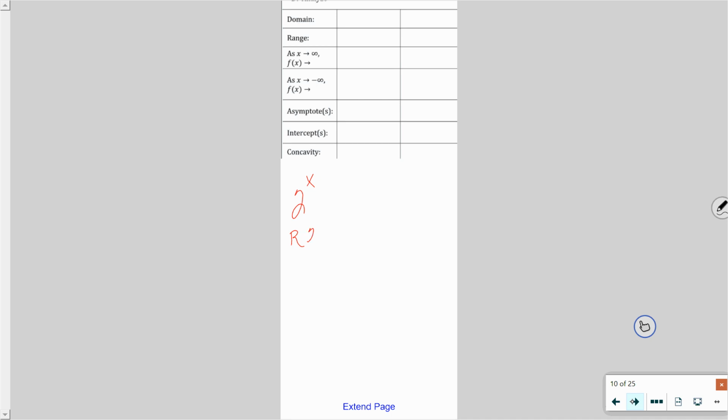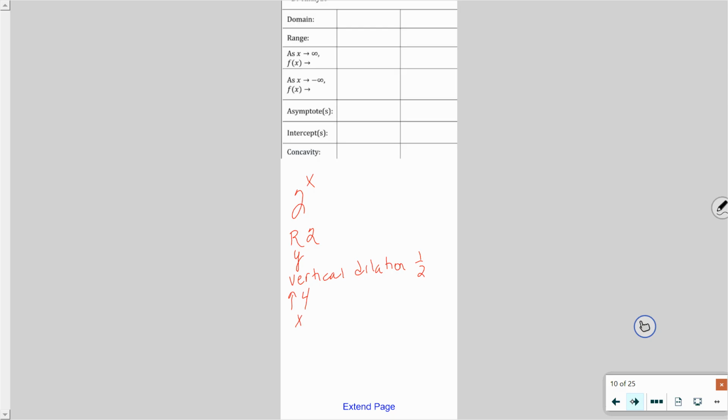Let's go right 2, a horizontal translation of 2. Let's go y-axis, a vertical dilation of a half. Let's go up 4 and an x-axis reflection.